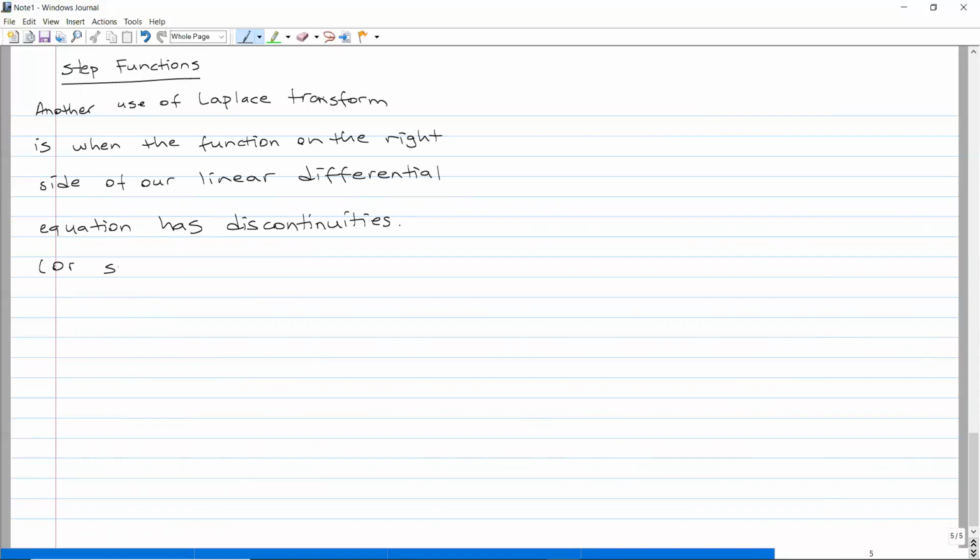Or simply when the function is partially defined.